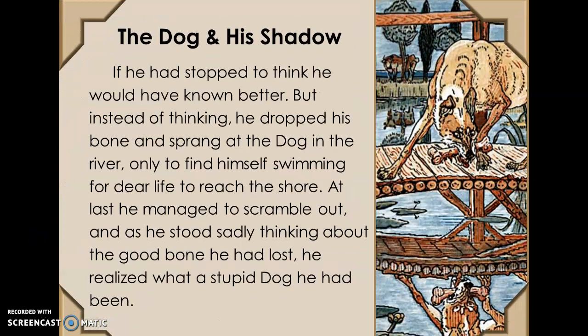If he had stopped to think, he would have known better. But instead of thinking, he dropped his bone and sprang at the dog in the river, only to find himself swimming for dear life to reach the shore. At last he managed to scramble out, and as he stood sadly thinking about the good bone he had lost, he realized what a stupid dog he had been.